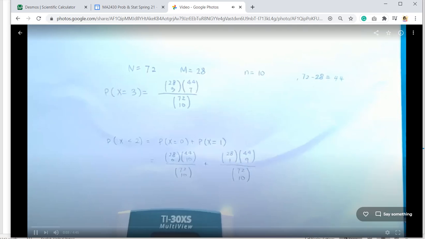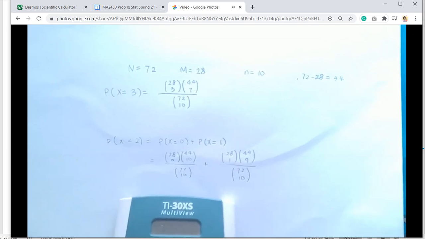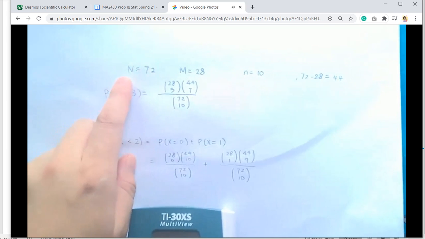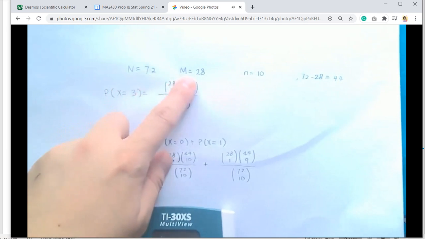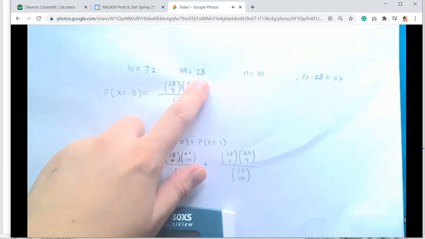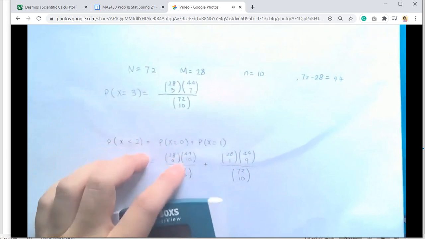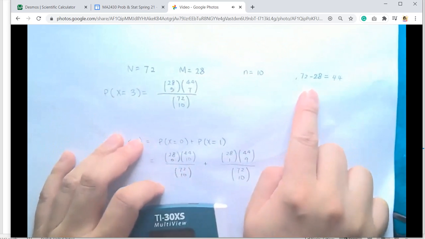Hi everyone. So right now I want to teach you how to use your calculator to calculate combination. For example, if we have a hypergeometric distribution with the total number is 72 and like the number of green balls is 28, and we pick 10 out of them, okay? So what is the number of blue balls?